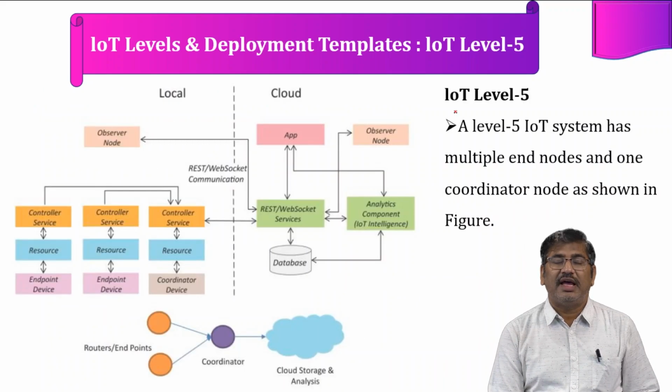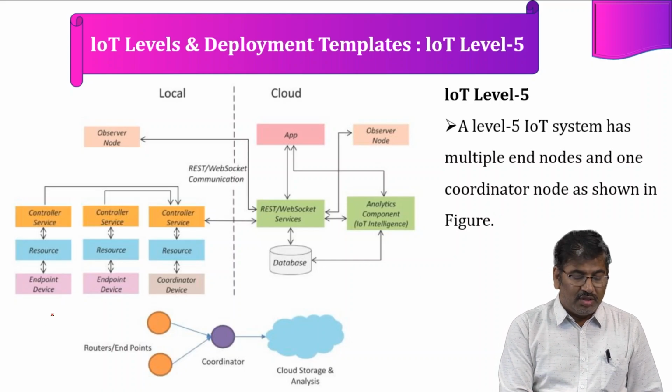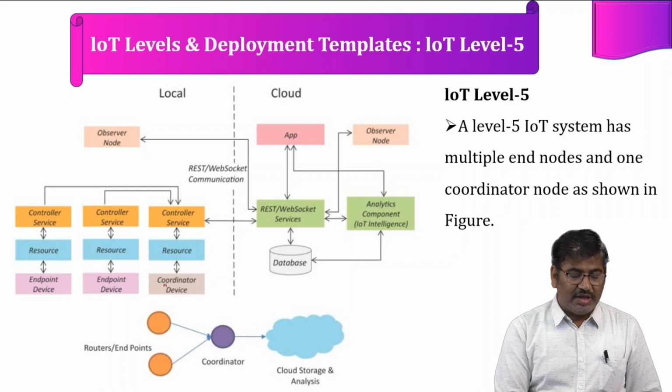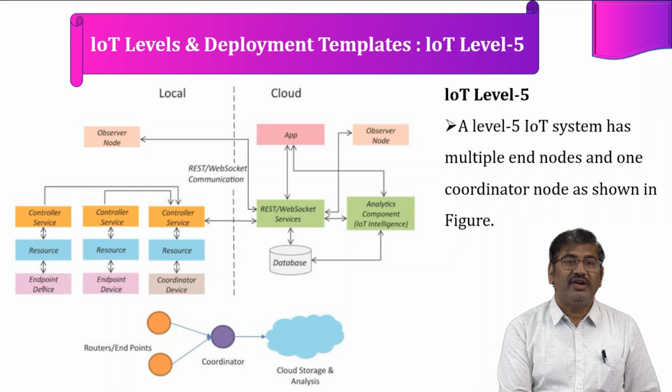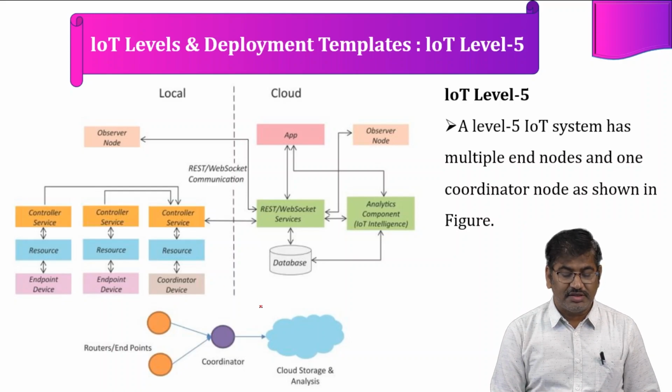Next we will see IoT level 5. A level 5 IoT system has multiple end nodes and one coordinator node, as shown in the figure. Here we are going to have a coordinator device which is going to coordinate with the end devices.